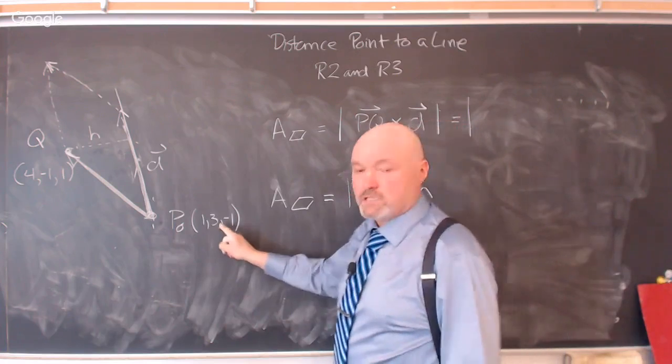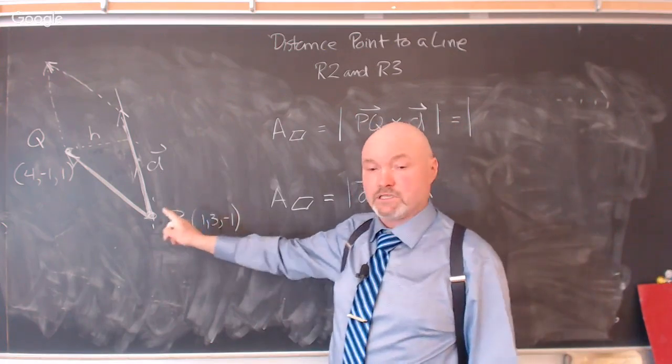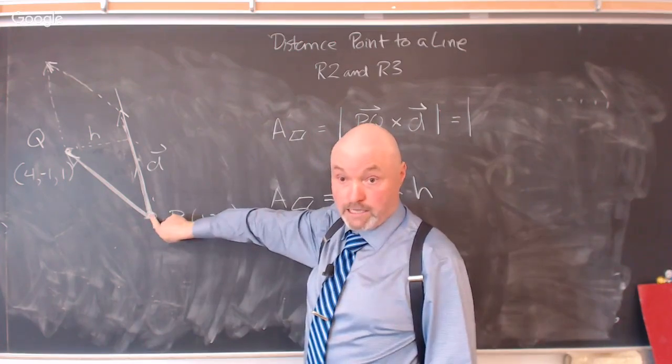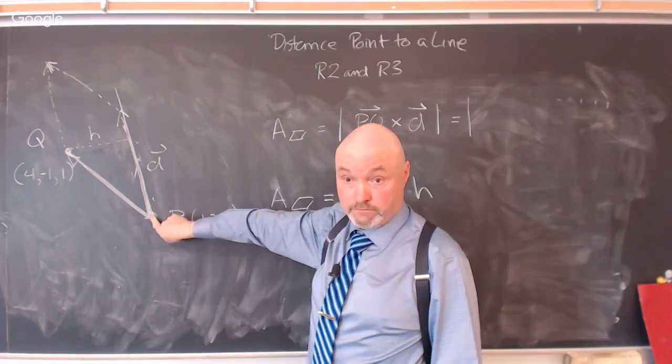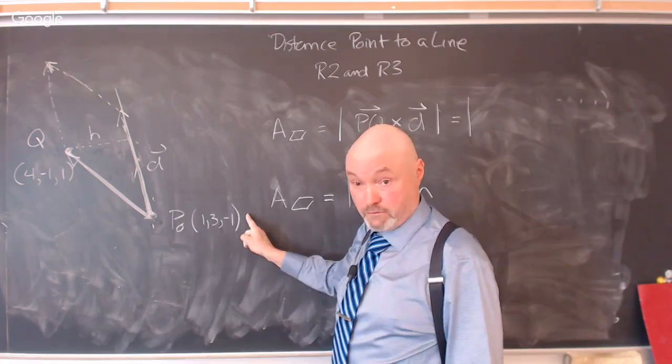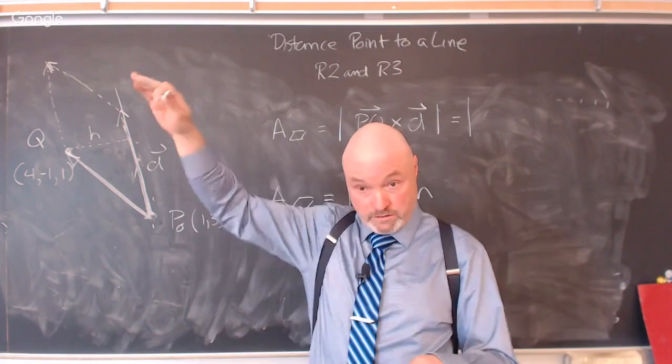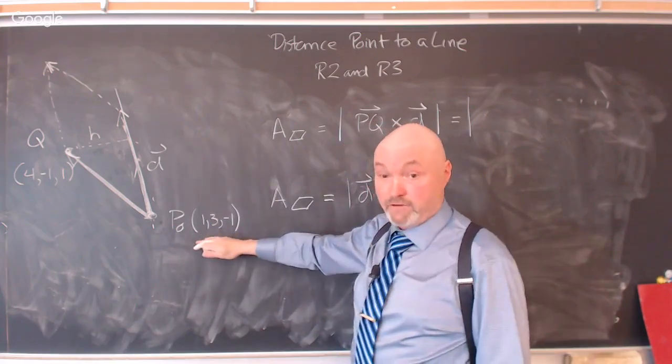I chose this point because it is the position vector for this line. So the position vector comes out to the line from the origin, so this point definitely lies on the line.